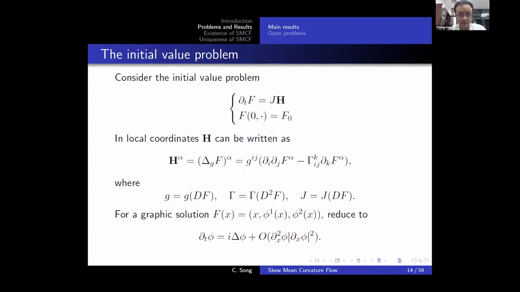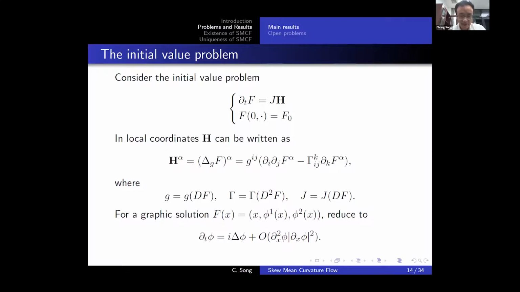Since it's codimension 2, we have two functions, phi1 and phi2, and you can write down a complex valued function with components given by phi1 and phi2. Then this phi will satisfy such a Schrodinger type equation.